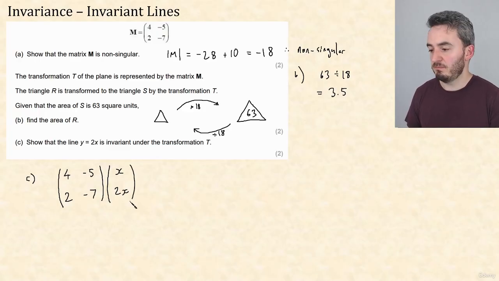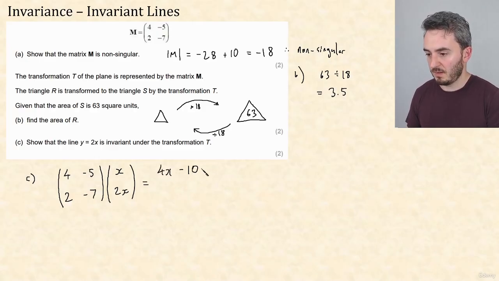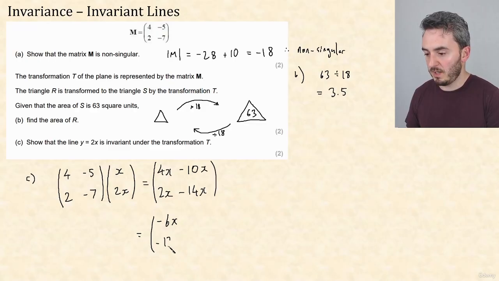So let's see what happens here. We get 4x minus 10x as our new x value, and as our new y value, we get 2x minus 14x. So 2x minus 14x. What is that? Well, it's minus 6x, minus 12x.